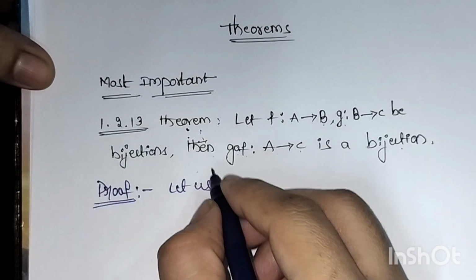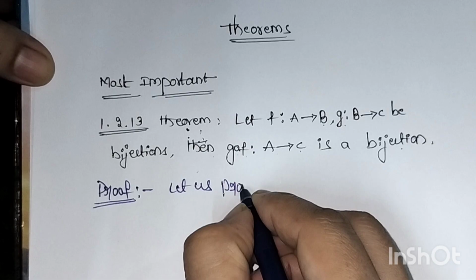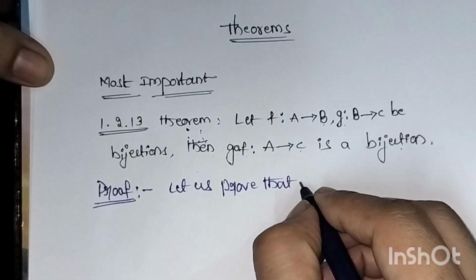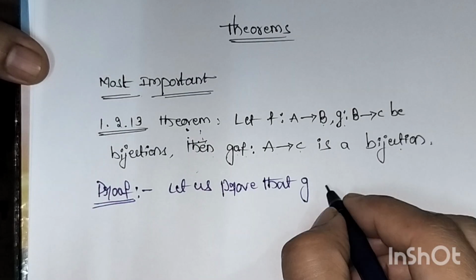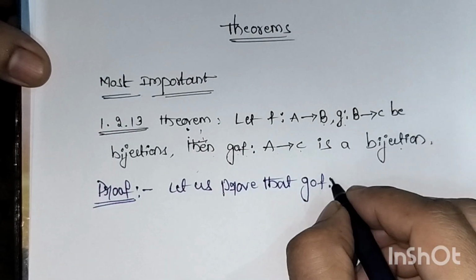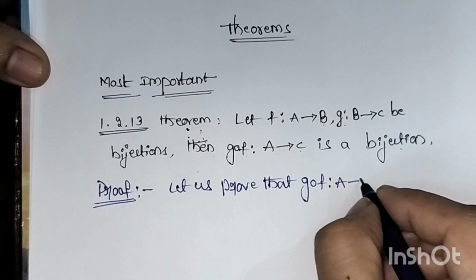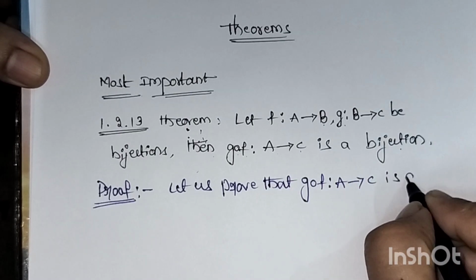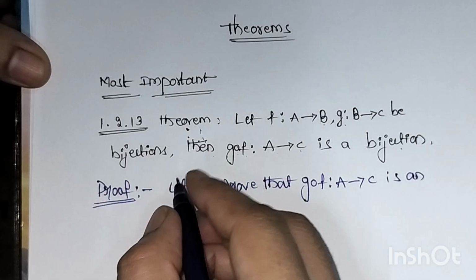Let us prove that g circle f from A to C is an injection function.